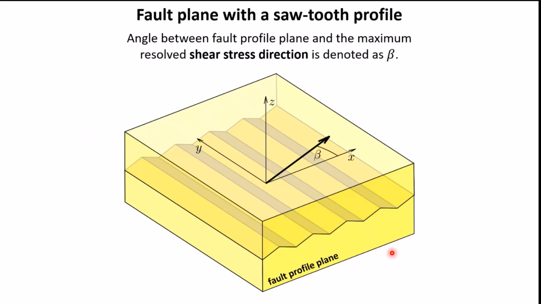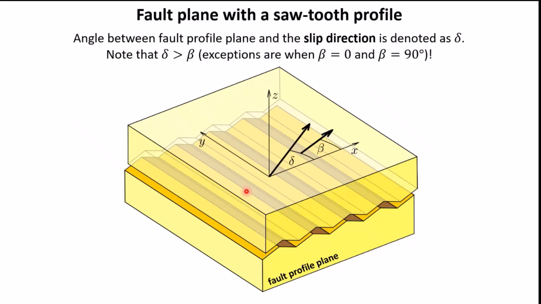I've got this simple sawtooth-shaped fault plane, and I'm having a direction of the maximum resolved shear stress on that irregular fault. What's the slip direction? And the interesting thing is that this geometry introduces an anisotropy.